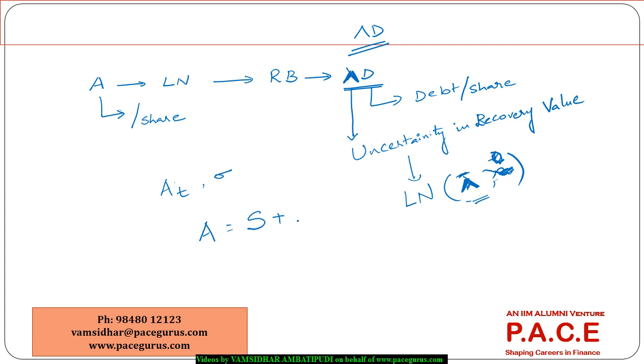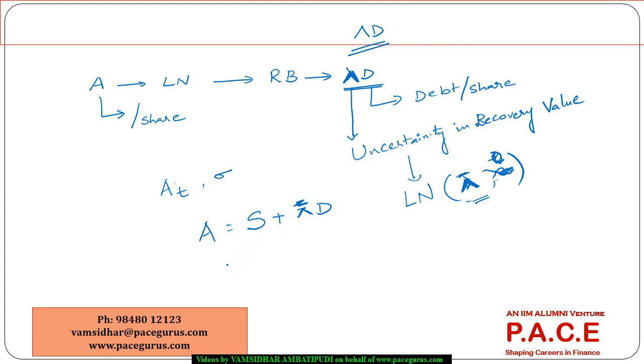For the uncertainty part, I am taking the mean of the uncertainty in the recovery value, so that much I am able to recover in case of a default, times the total value of the debt, D. So this is what I am calling the total value of the asset.